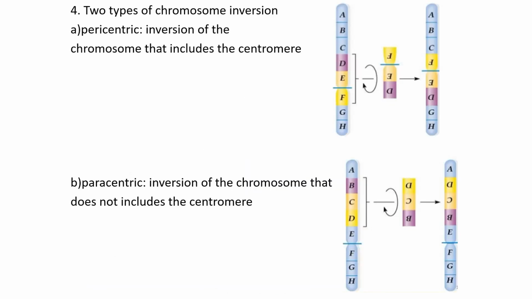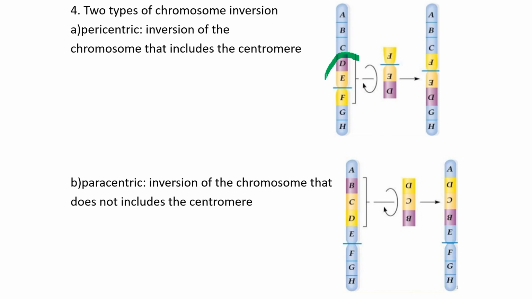Now there are two types of chromosome inversion. One is pericentric and the other one is paracentric. So you have this diagram in your module, but you have to label them, which one is the pericentric, which one is the paracentric. Now, pericentric is the inversion of the chromosome that includes the centromere.